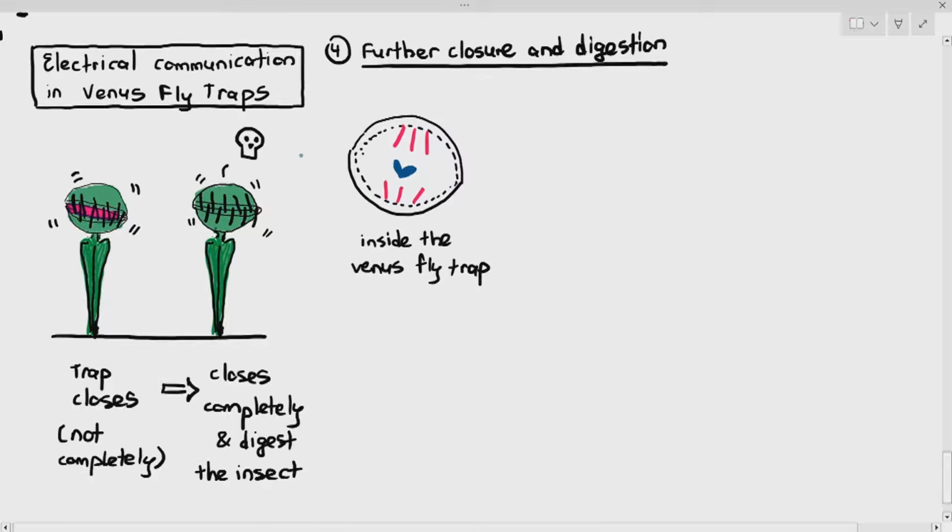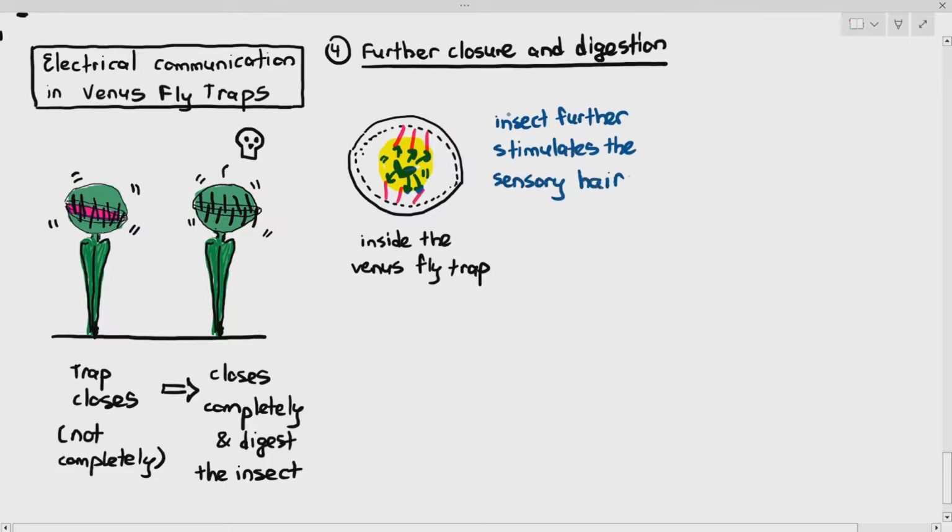Now, if you were to be reborn as an insect in your next life, and you find yourself trapped within the Venus flytrap, I hope you remember not to panic and try not to stimulate the sensory hairs any further. Because if you panic and continue moving, trying to get out of the Venus flytrap and stimulating those sensory hairs, it will cause the action potentials to further travel along the leaf lobe, and it causes the trap to completely close.